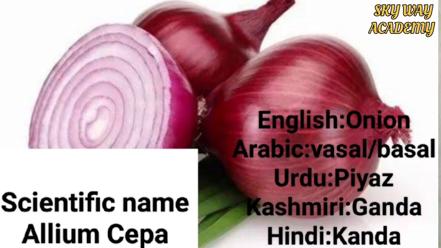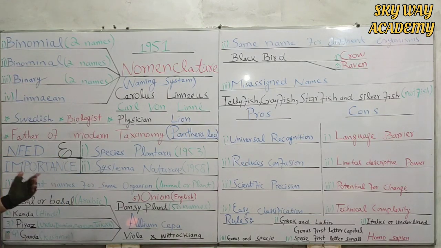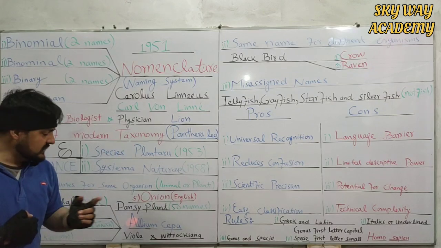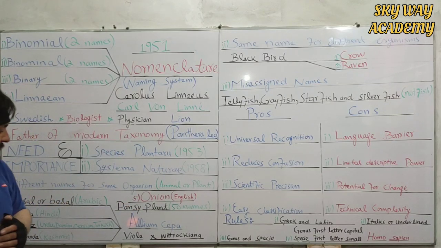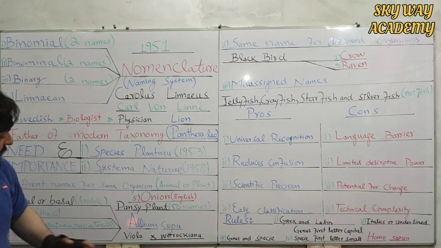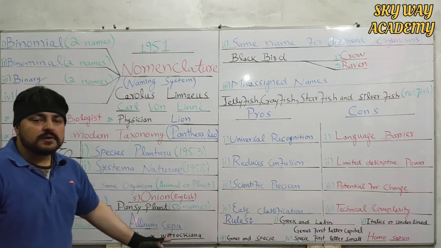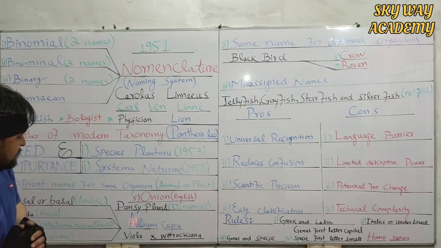In Kashmiri we call it ganda, and in Hindi we call it kanda. To resolve this issue, Carolus Linnaeus gave this plant a specific name based on its genus and species epithet. He called it Allium cepa. Now the confusion has been cleared.